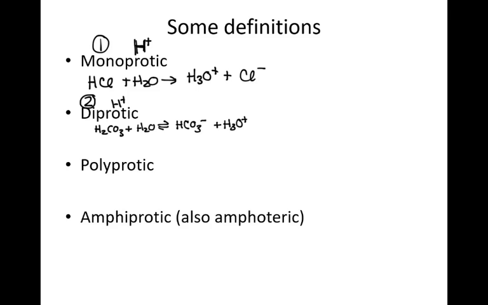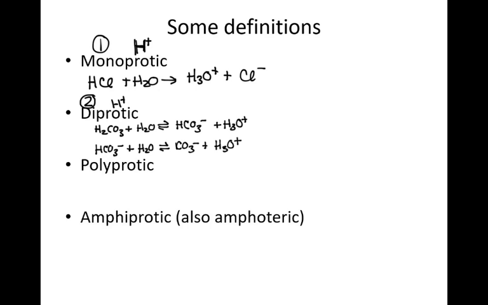And then we see that HCO3-, hydrogen carbonate, still has a proton that it can lose. So we imagine it going through a second deprotonation to form carbonate ion and another equivalent of H3O+. So carbonic acid would be an example of a diprotic acid.